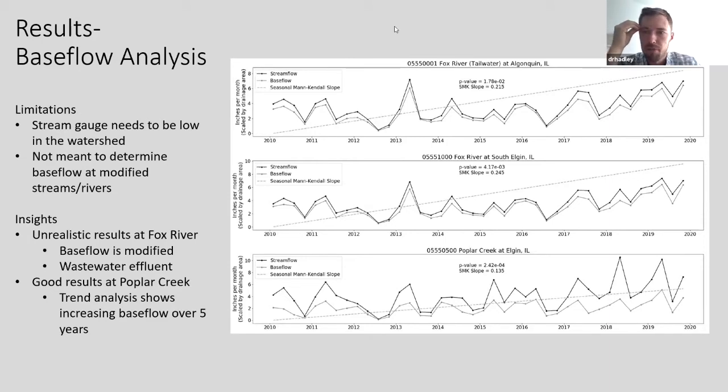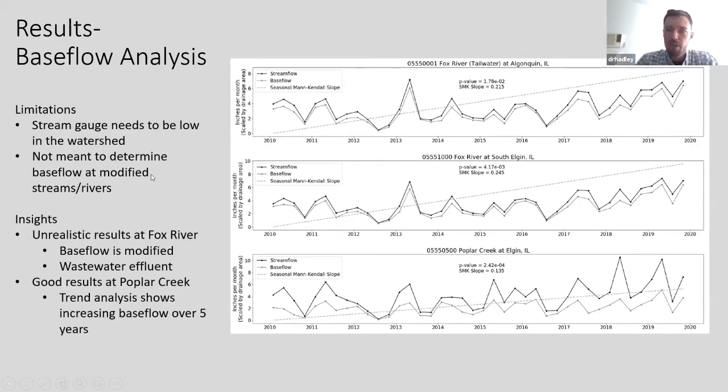The Fox River stream gauges that we used, though, are not at the bottom of the watershed. I mean, the Fox River still flows all the way through Kane County and has to meet the Illinois River. And so we're kind of far up in the Fox River. And the Fox River also is quite modified.